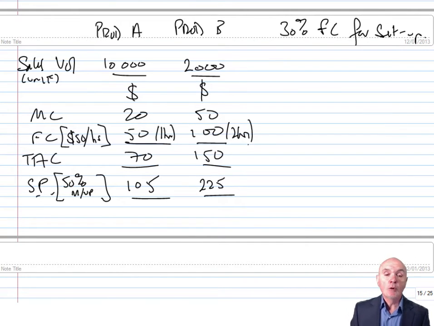This gives us a total absorption cost of 70 and 150, and I've assumed here that their pricing mechanism is a 50% markup. So 50% marked up on the total absorption cost will give us selling prices of 105 and 225.